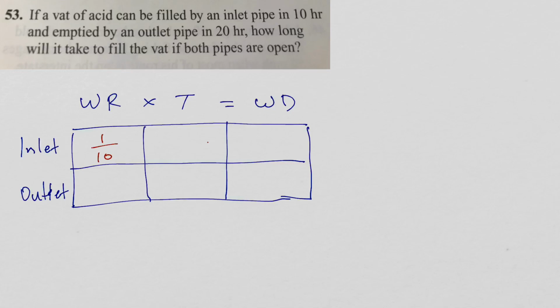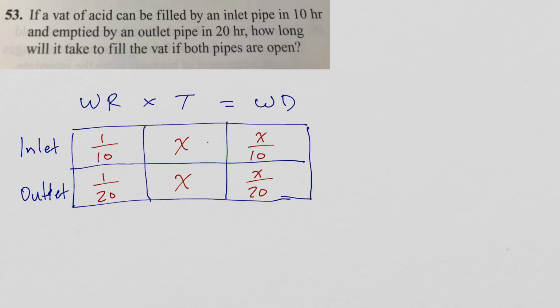It says it can be emptied in 20 hours. So this would be 1 over 20. Now you can put a negative there, but just as long as you understand that an outlet is doing negative work. Okay, how long will it take to fill if they're both open? So together they're the same amount, they're both x. We multiply across and we get x over 10 and x over 20.